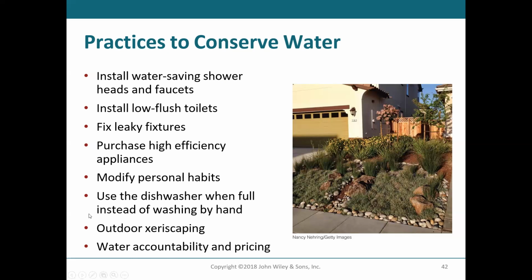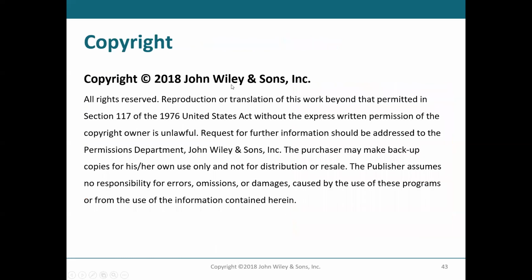So I'm very passionate about that, and everyone should definitely look into how they can turn their lawns into a native landscaping, low water waste place.